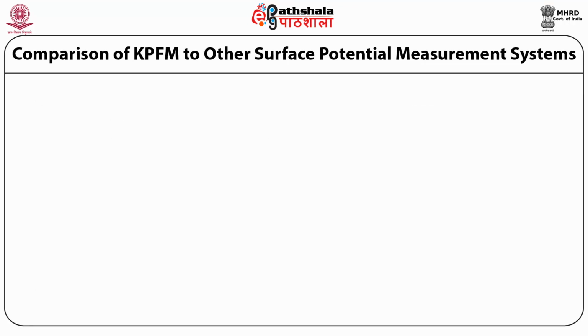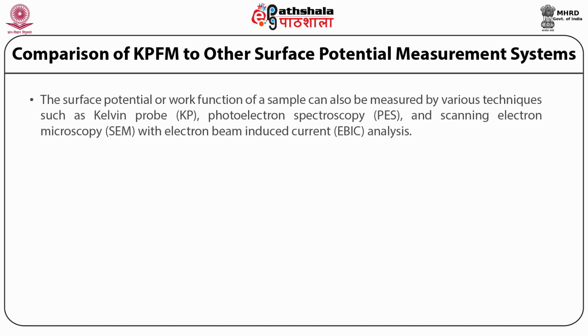Comparison of KPFM to other surface potential measurement systems can be very conveniently carried out. The surface potential or work function of a sample can also be measured by various techniques such as Kelvin probe, photoelectron spectroscopy, in short PES, and scanning electron microscopy, SEM, with electron beam induced current, EBIC, analysis.